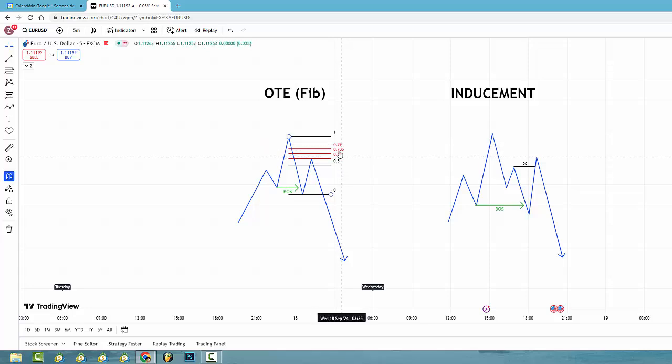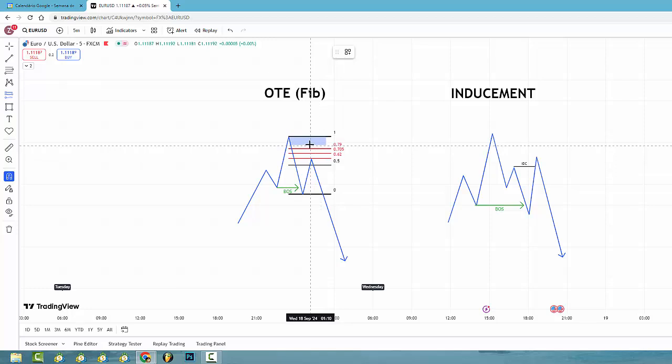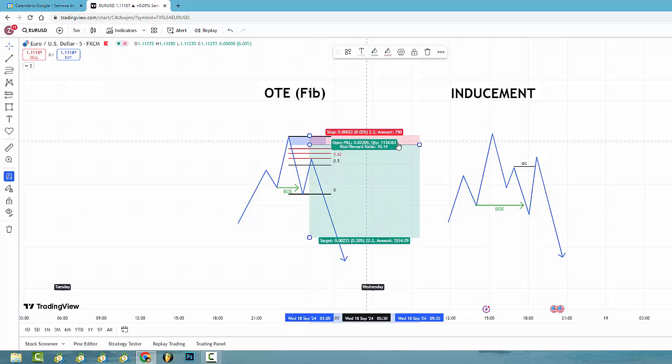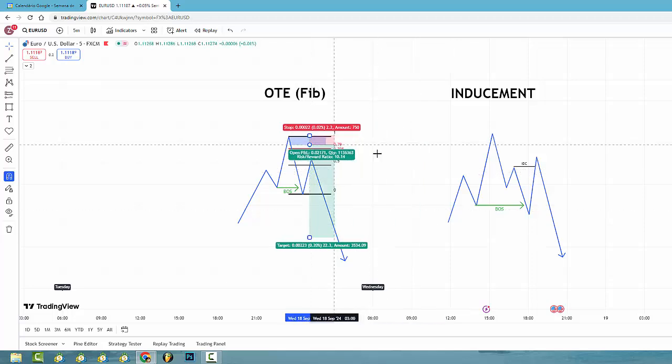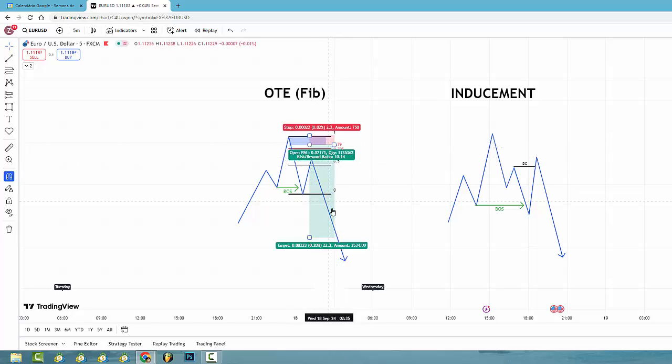But these three are also good if you wanna know if you're being a little bit too aggressive on your entry. Let's say you have your point of interest, your order block, and you want to enter here. You already see a 2 pip stop loss. The OTE will tell you you're being way too aggressive, and price is not just gonna come in.